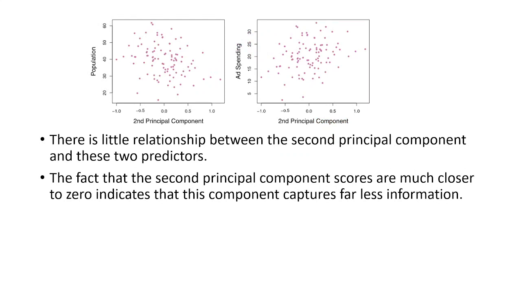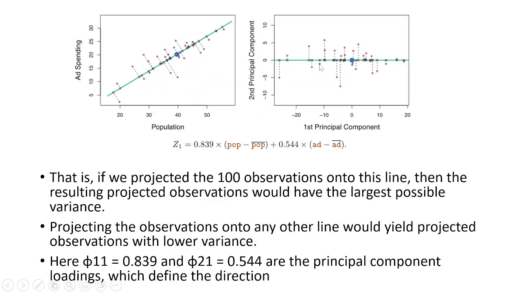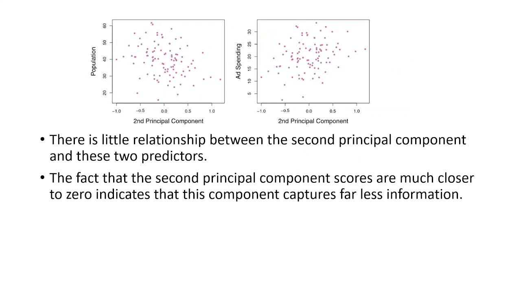However, compared to the first component, which captured most of the variation, when you map the second principal component against the advertisement spending as well as the population, you can see there is very little relationship between the second principal component and the two predictors.